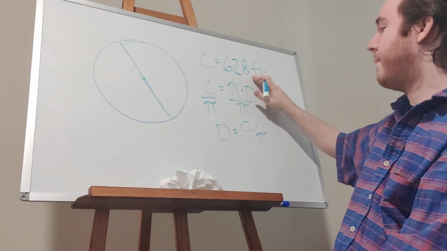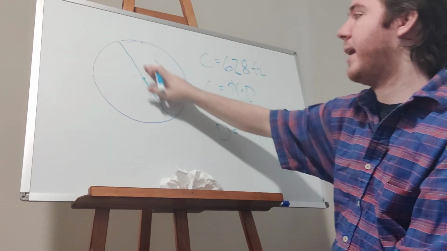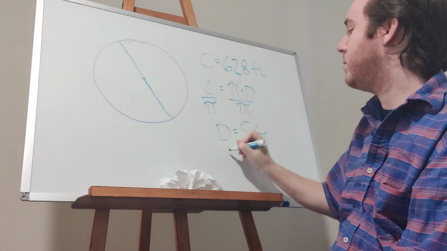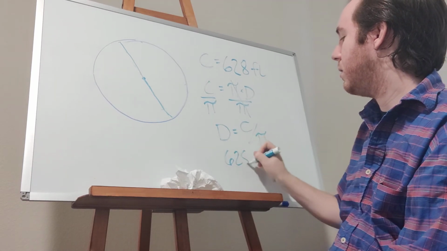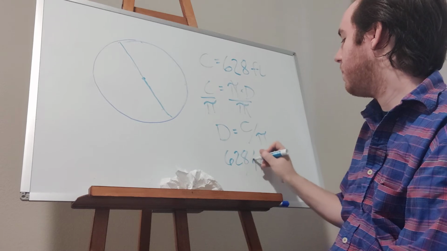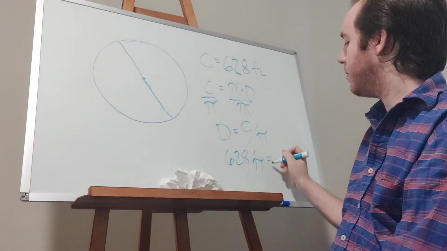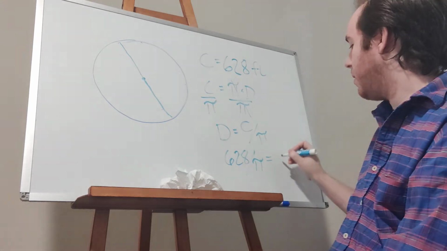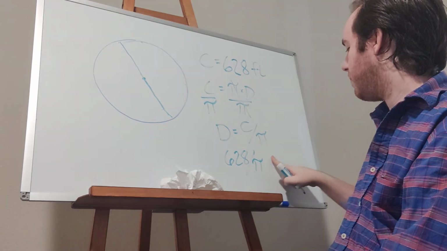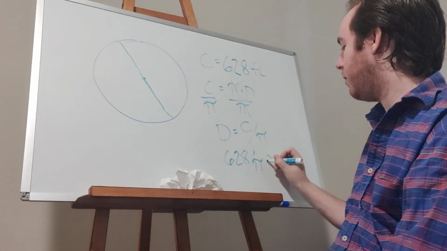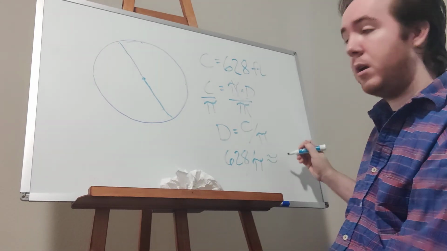So, circumference is 628. To find the diameter, we simply do 628 divided by pi. And that will give you, type it into your calculator, it is an estimate, it rounds to about 200.